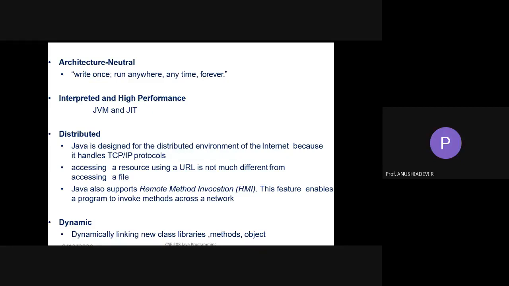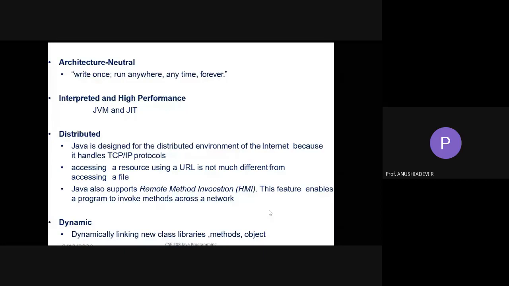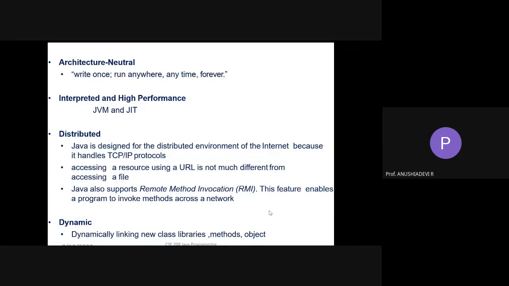Next, Java is architecture neutral. Why is it called architecture neutral? It is a platform independent language, which means write once, run anywhere, anytime, forever. In C++ you have to write different code for different platforms, but in Java, once you write the code, it can be executed on any platform.